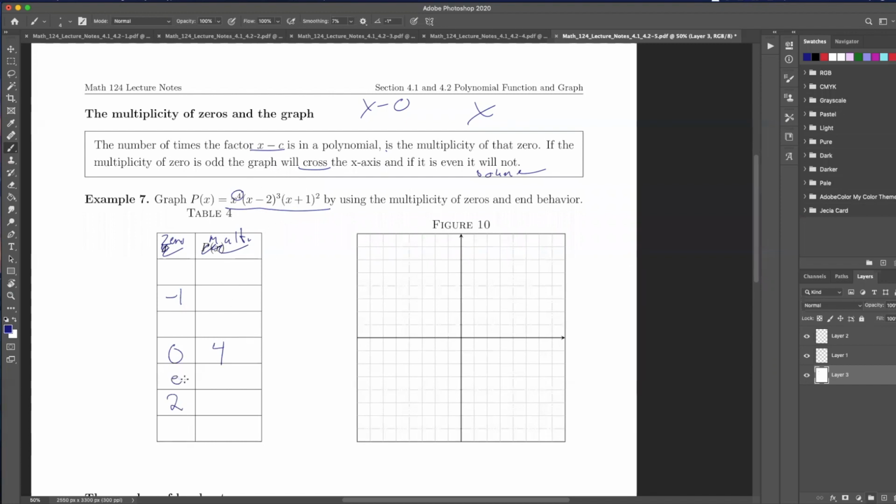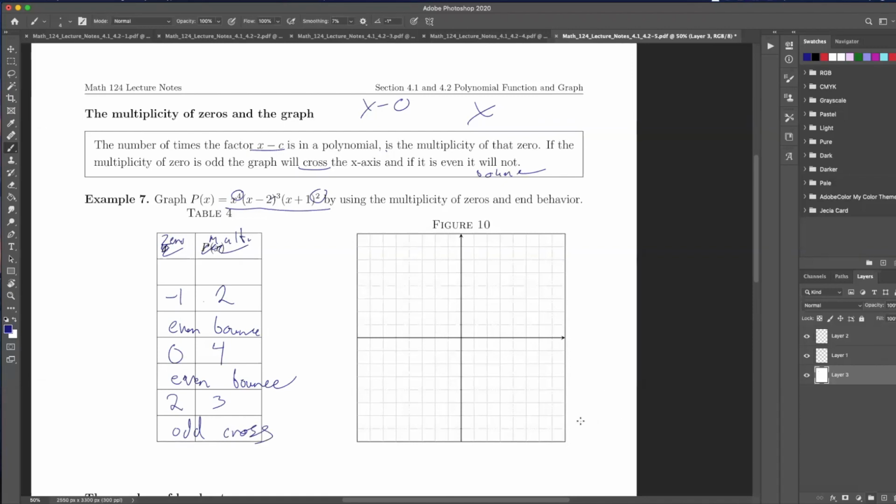And so this is even, and so it bounces. Okay, here, how many times do I have the 1? I have it twice, so that's multiplicity of 2. So this is even, and it'll bounce. And here at the 2, I have it 3 times, so it's odd, and it will cross.